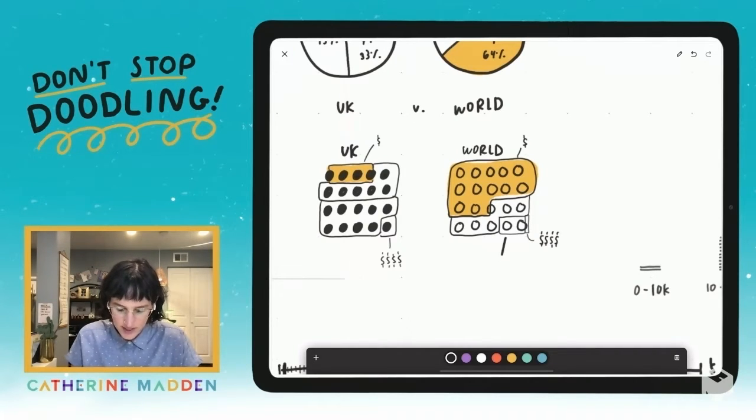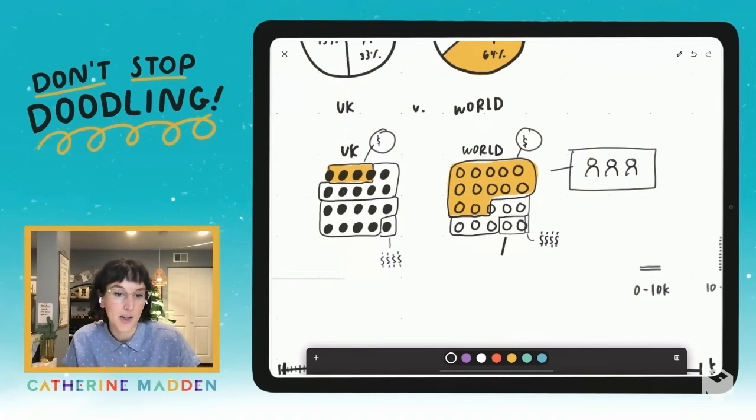And same thing, looking at that percentage of the lower income, lower wealth category in the UK and the world, they look vastly different. The cool part about a waffle chart is that you could replace these circles with other shapes. And one that you might consider is a person, because all of the data that we're talking about is about humans and what percentage of humans fall into each bucket.